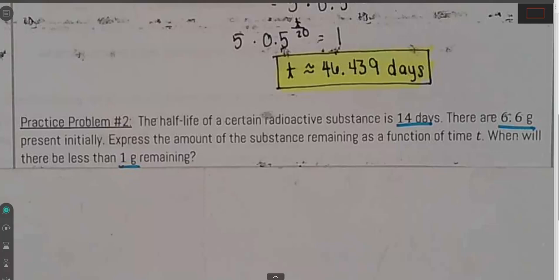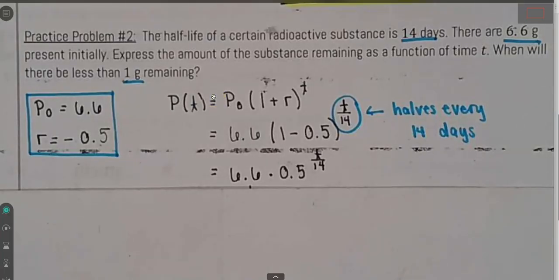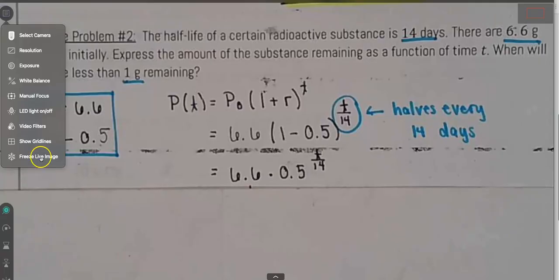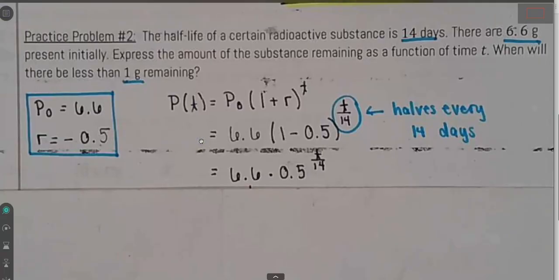Here is the equation. Please solve for when there's 1 gram remaining. Yes, actually, it's an 8 there, I think.